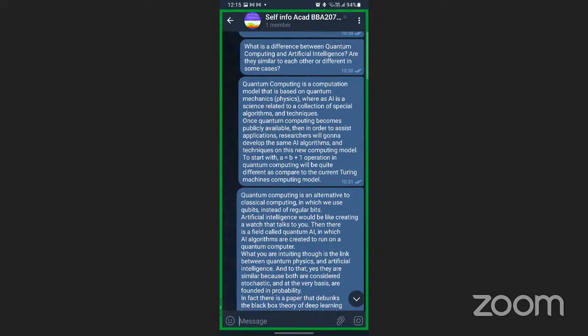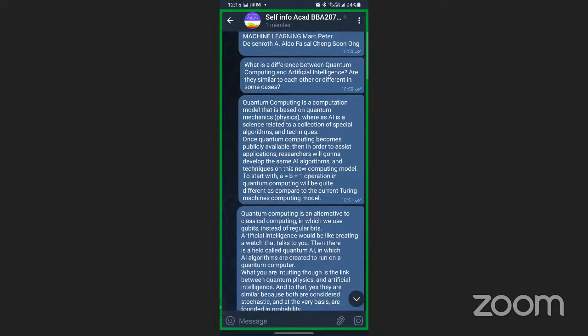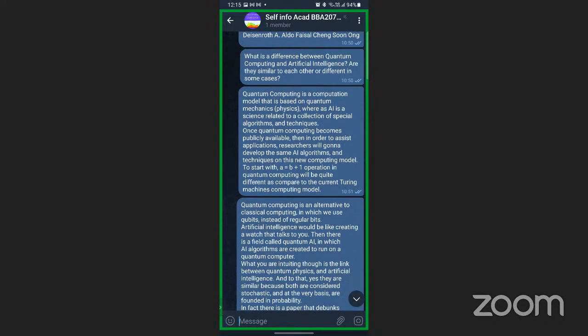So quantum computing is based on the quantum mechanics. See, it selects different states. It selects different states and gives you a combination of these states.